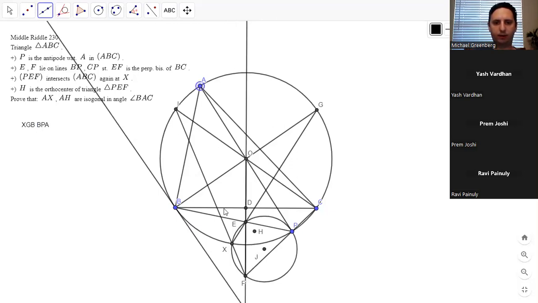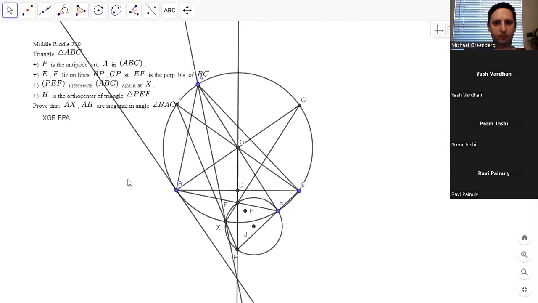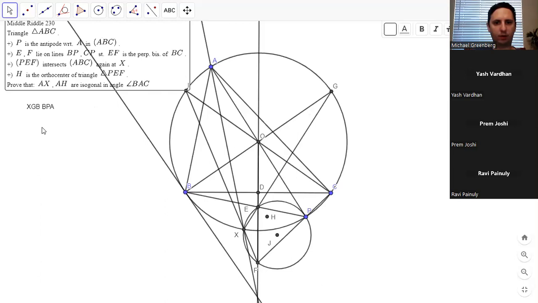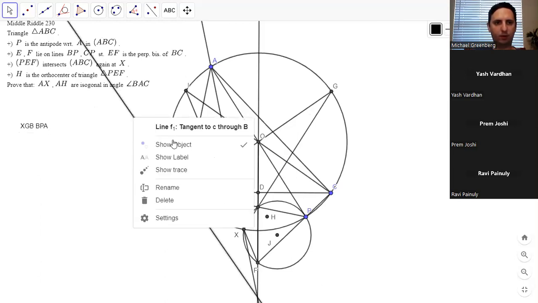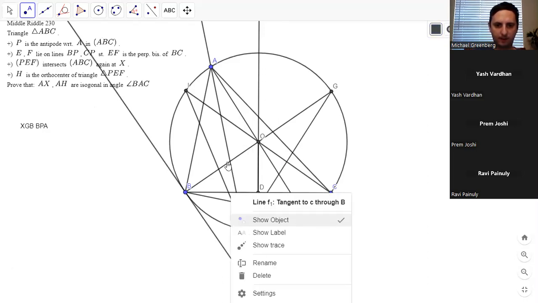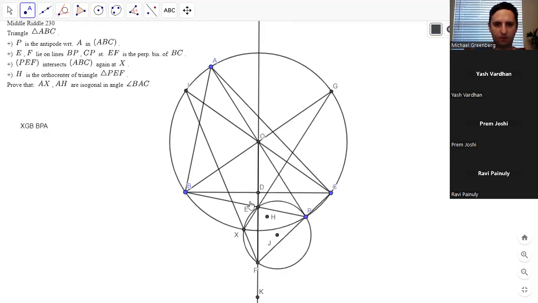So that proves that AX is a median. Let's move this up just a little bit. So I am going to draw in that point, and then I'll make the diagram look a little nicer. Just a second.